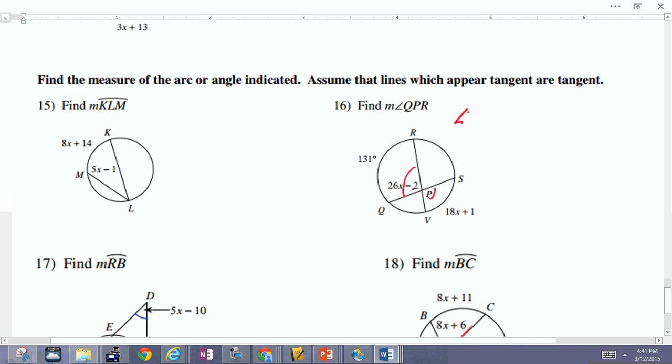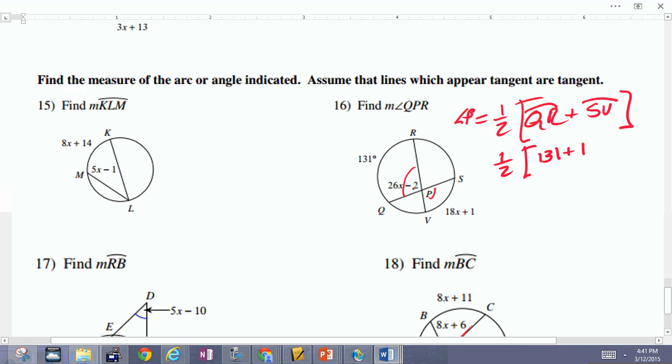Okay, so the angle P is equal to 1/2 the sum of the two arcs that it meets out with, which is arc QR and arc SD. Okay, so that's 1/2 of 131 plus 18x plus 1. And that 1/2 is equal to 26x minus 2.